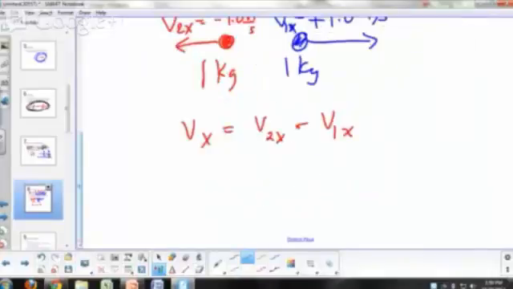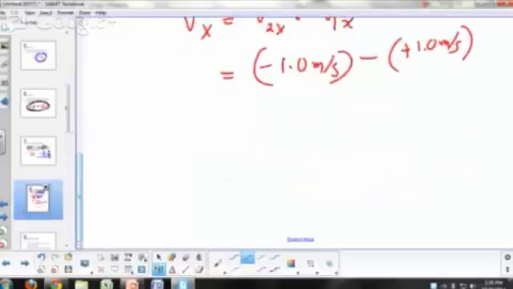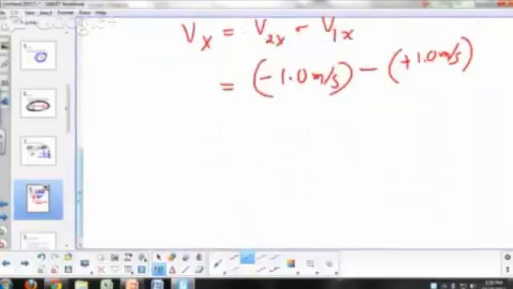And what would that give you? v2x is negative 1.0 meters per second, and v1x is positive 1.0 meters per second. So it's going to be equal to negative 2.0 meters per second.